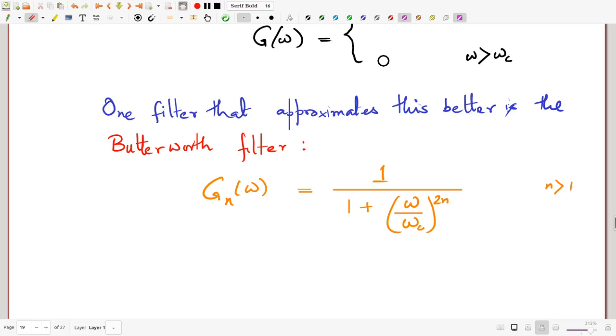To understand the basic mathematics behind the Butterworth filter, what we need to do is take a look at the denominator here. The denominator, of course, is of the form 1 plus z to the 2n, where z, which is omega by omega C, can also be extended to a complex number.